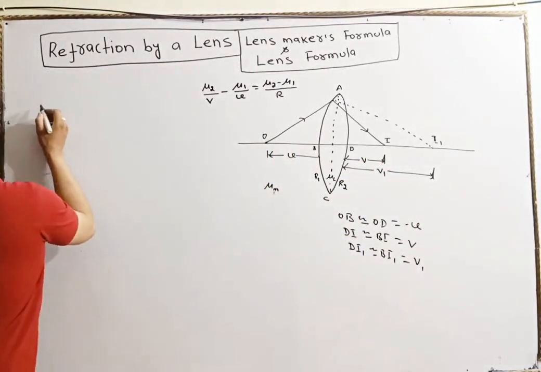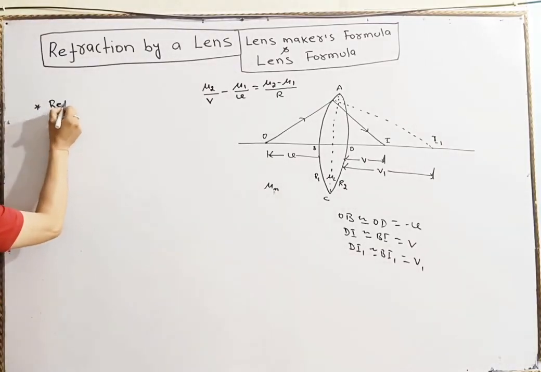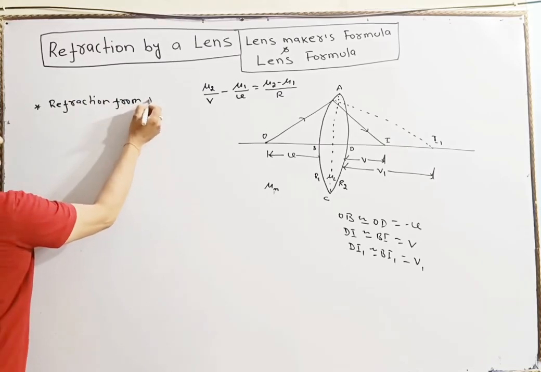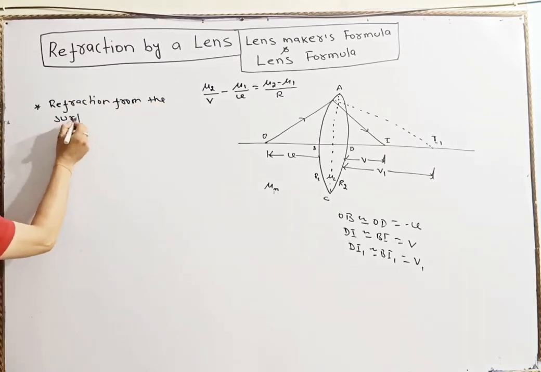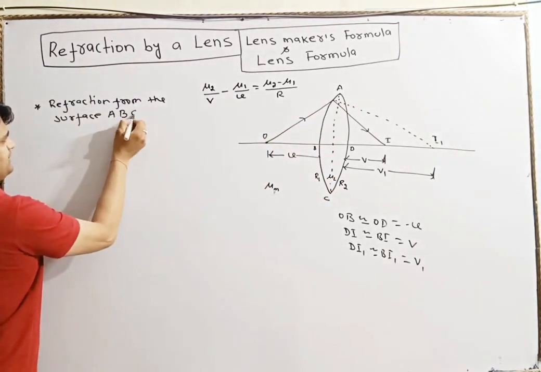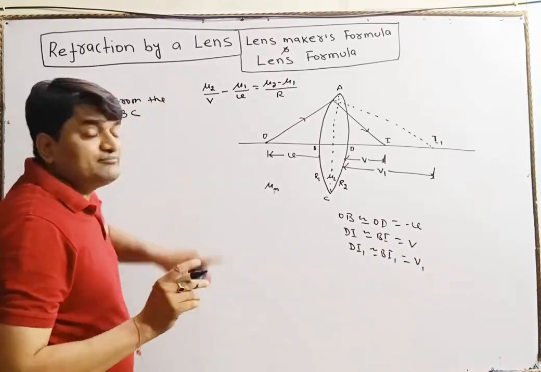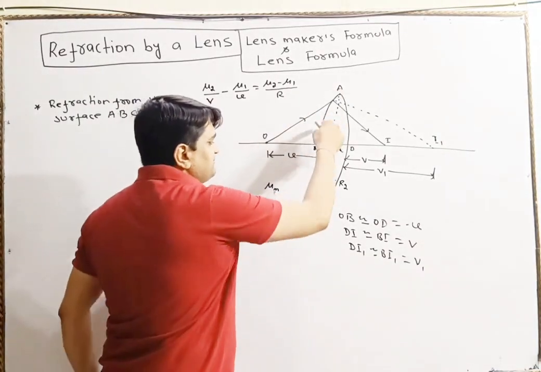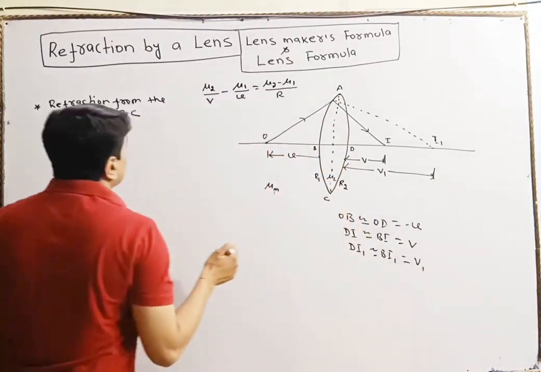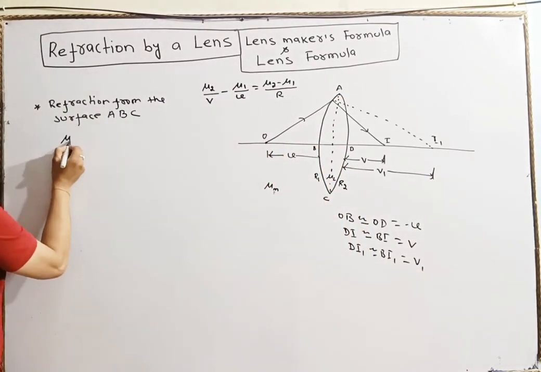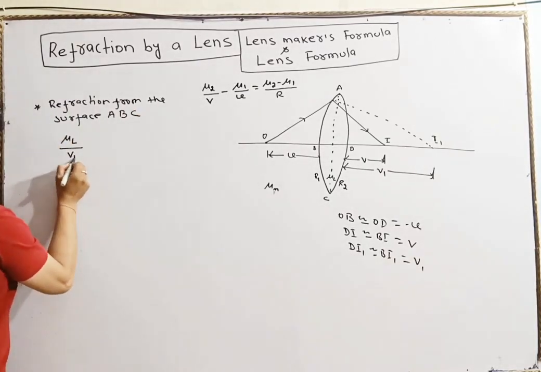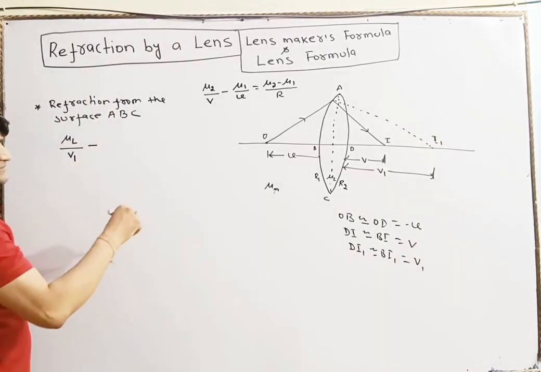Now first, refraction from the first surface ABC. Where is the image by the surface ABC? It is in medium mu L, and this is V1. So we will write mu L upon V1 minus mu M upon the object distance.